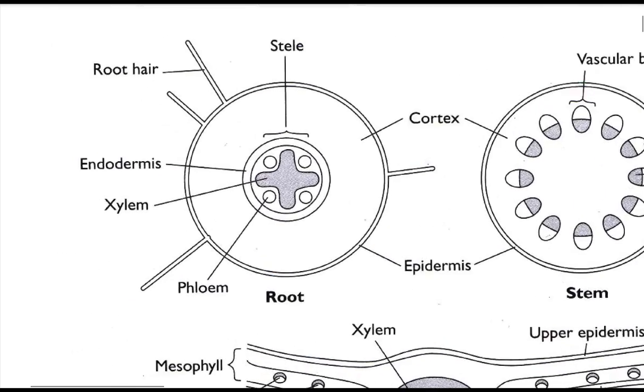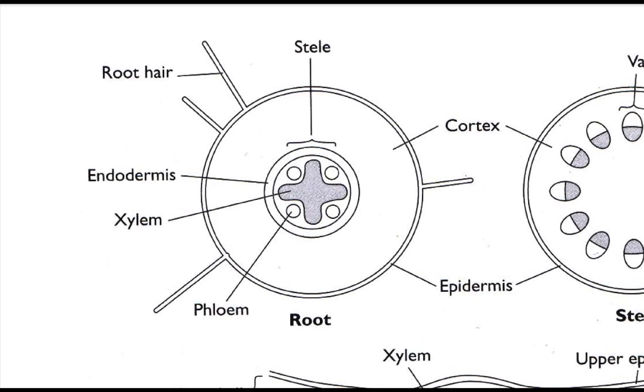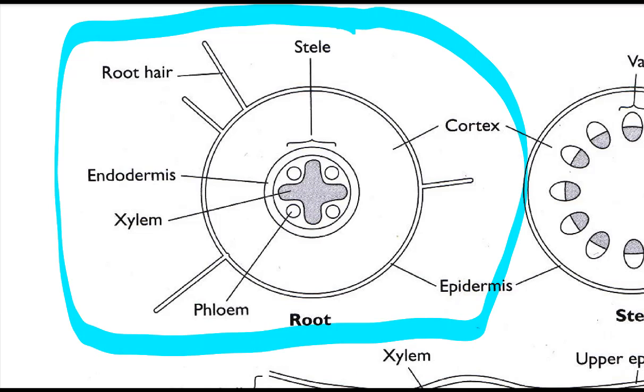So if we look at this first of all, this diagram here shows a cross section of the root of a plant. So around the outside we have got the epidermis, which goes the whole way around here. So this layer is the epidermis. That's where you find these parts, which are the root hair cells. The next layer in is the cortex, which goes from here to here, and we said that it's undifferentiated cells which might contain a lot of starch grains, and they have air spaces between the cells.